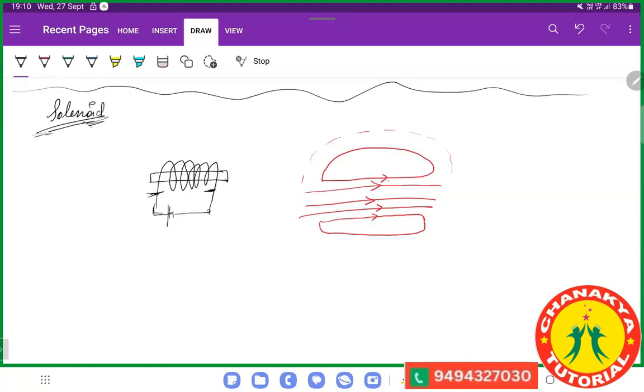As it is moving in this direction, in this side, here, and this side here, in this direction and this direction. So I've drawn just a top view of the solenoid, which looks like this. The direction of magnetic field inside the solenoid or magnet is moving from left to right.